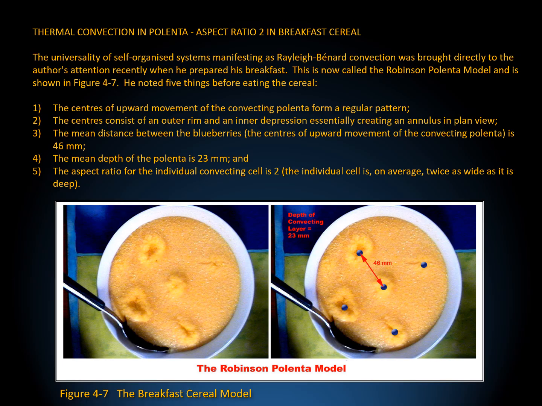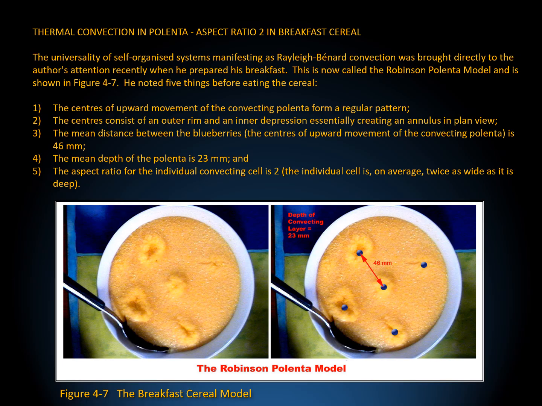1. The centers of upward movement of the convecting polenta form a regular pattern. 2. The centers consist of an outer rim and an inner depression, essentially creating an annulus in plan view. 3.